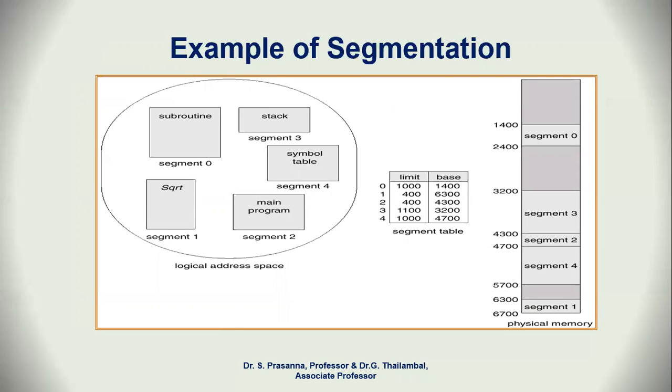So from the 1400 base address, it gets stored at the 2400 memory space. And when you go for the first segment, the base value is 6300 and the number of lines is 400. Totally, it will take from 6300 to 6700 space. So this is how segmentation is allocated.